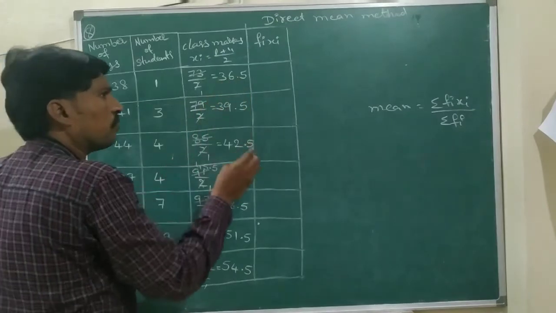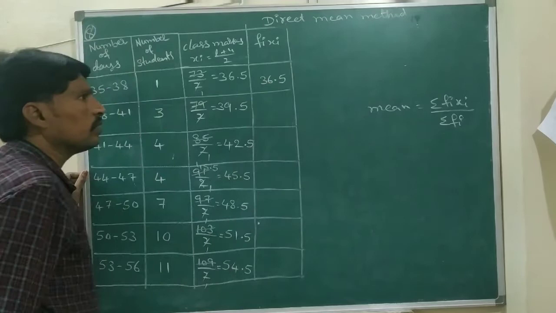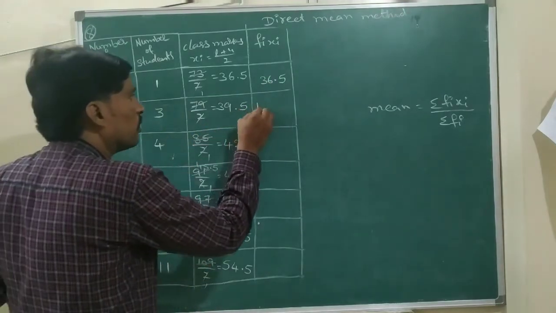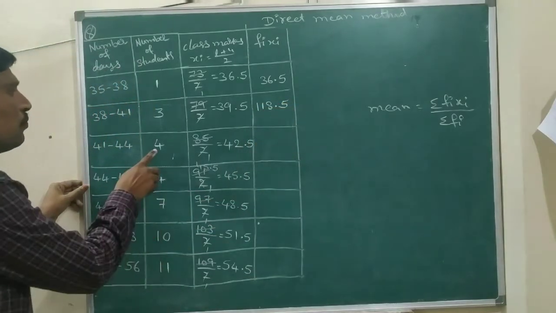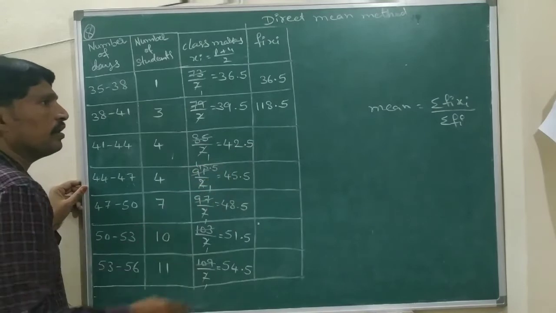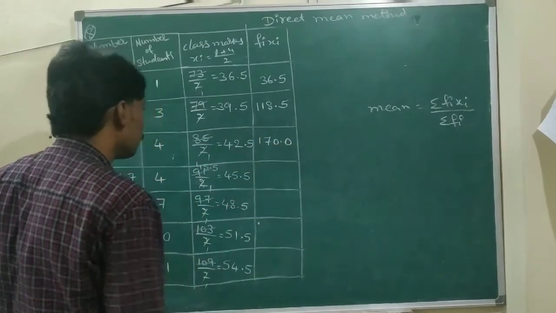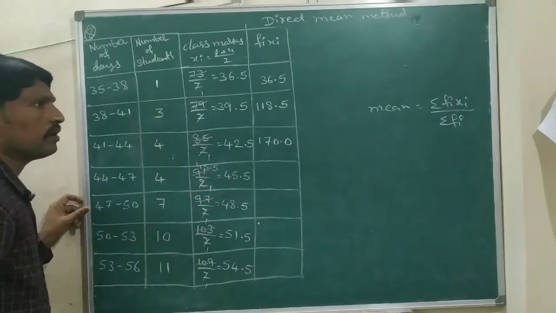1 into 36.5 is 36.5. Next, 3 into 39.5 is 118.5. Next, 4 into 42.5 is 170.0. Next, fi is 4, xi is 45.5.